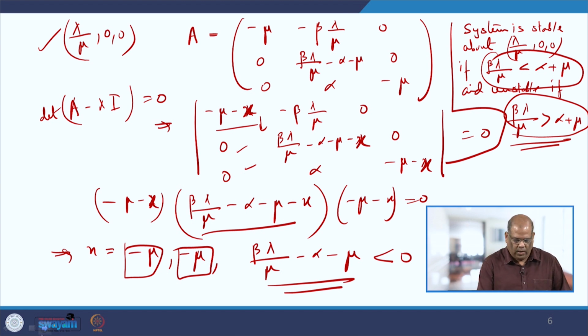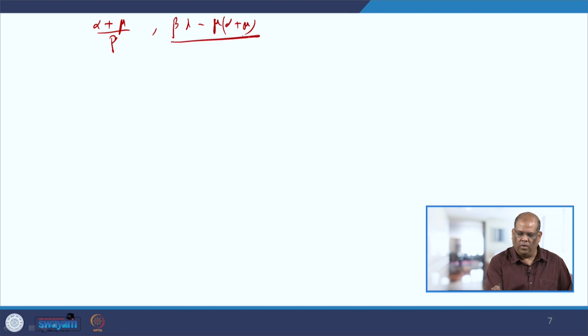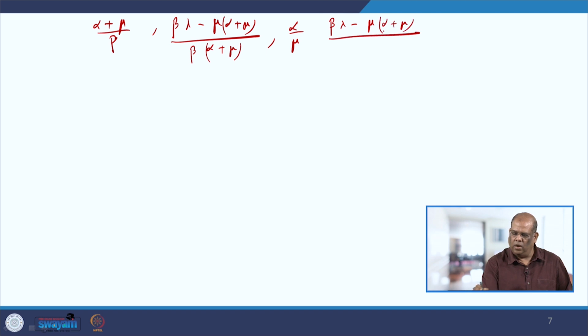Let us move on to the next equilibrium point, which is alpha plus mu by beta, beta lambda minus mu times alpha plus mu by beta times alpha plus mu, and alpha by mu into beta lambda minus mu times alpha plus mu divided by mu times alpha plus mu.